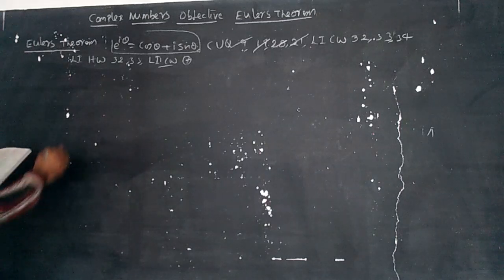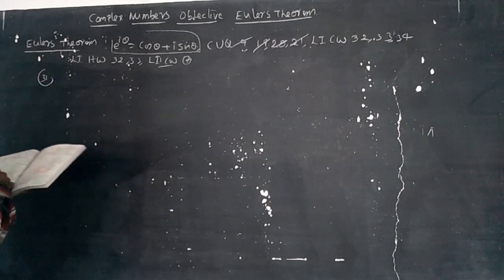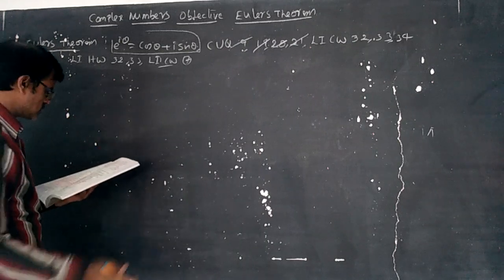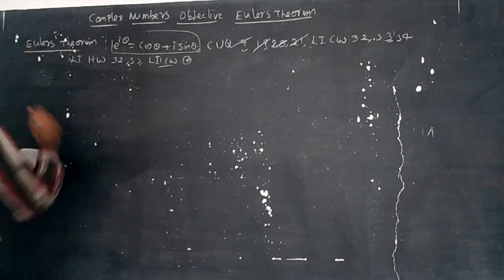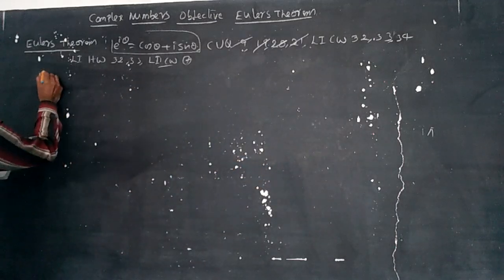Before 32, we can write the mod m form also. The mod m form is a separate bit. Later we can discuss. Now 32.